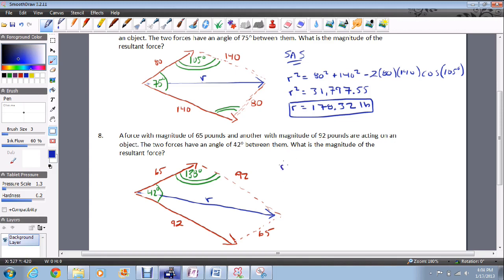So I'm going to write R squared is equal to 65 squared plus 92 squared minus 2 times both of those numbers that I just used, 65 and 92, cosine of the degree that they both touch, 138 degrees.